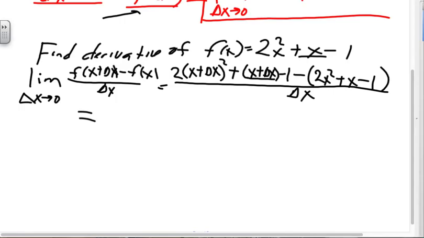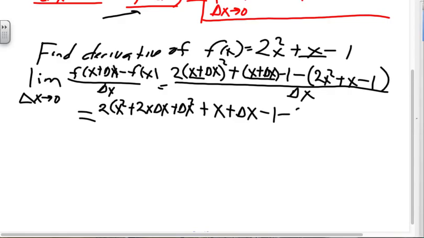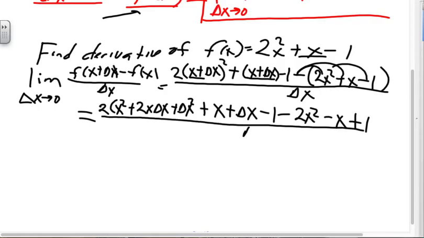So again, we come in, I'm going to expand this. So we're going to have 2 times x squared plus 2x delta x plus delta x squared plus x plus delta x minus 1 minus 2x squared minus x plus 1. I'm distributing my negative in. And all of this is going to be over delta x, and we're finding the limit.